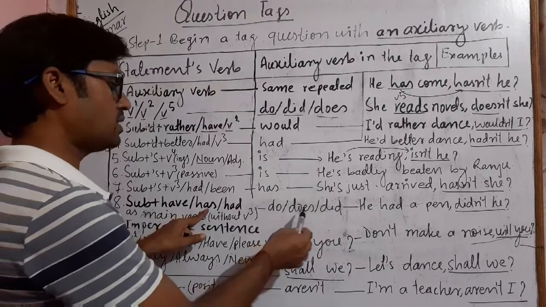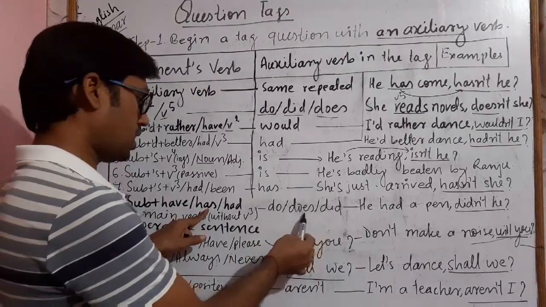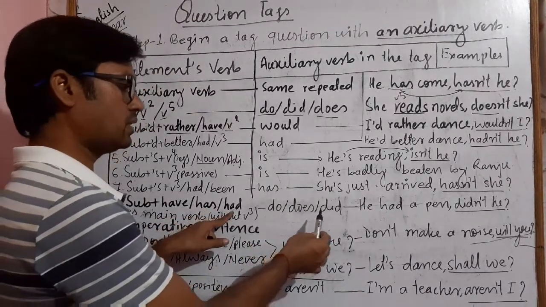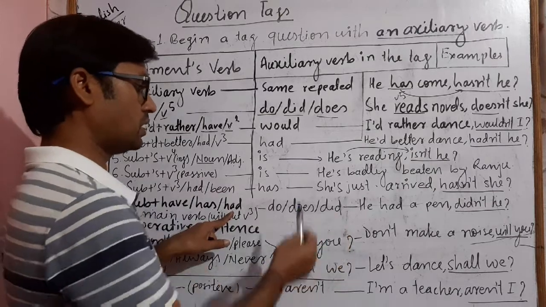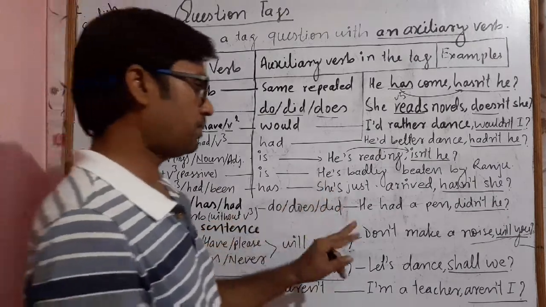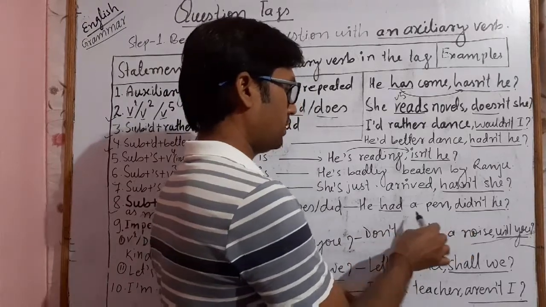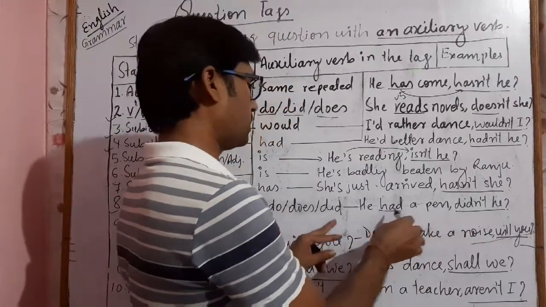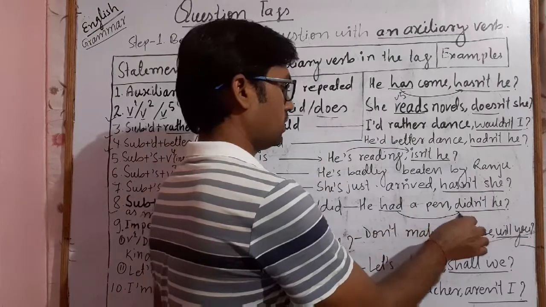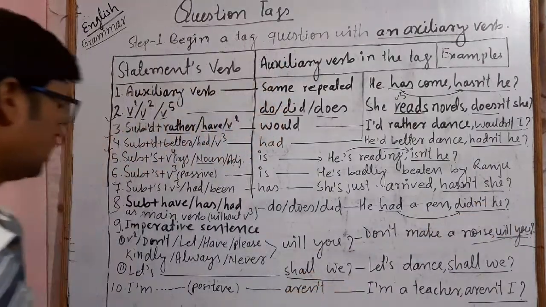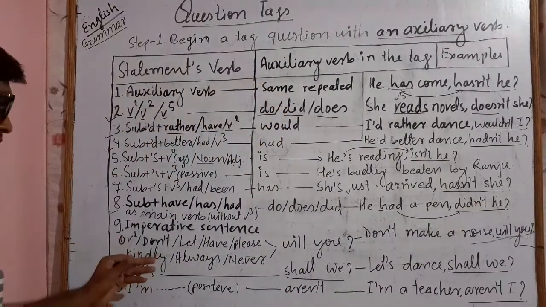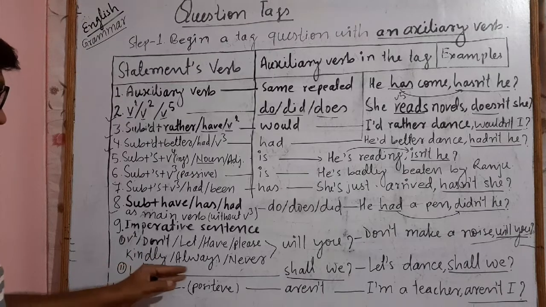If has is mentioned, you have to use does. If had is mentioned, you have to use did. Example: he had a pen. For had we should use did. Didn't he?